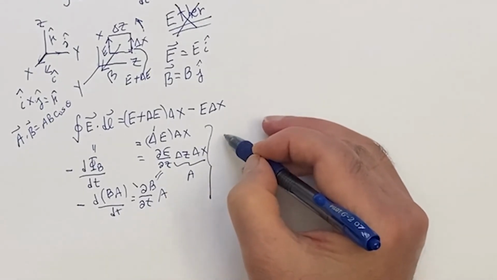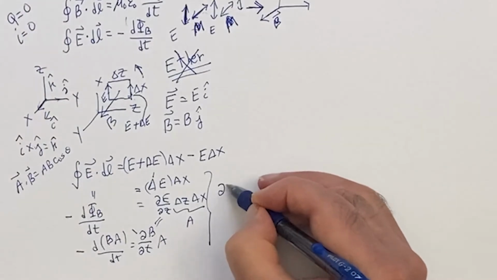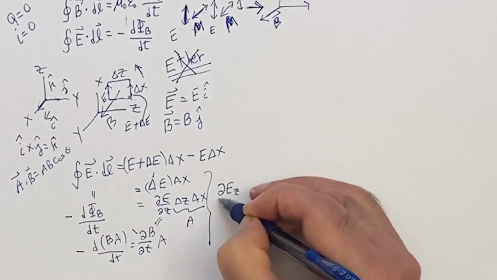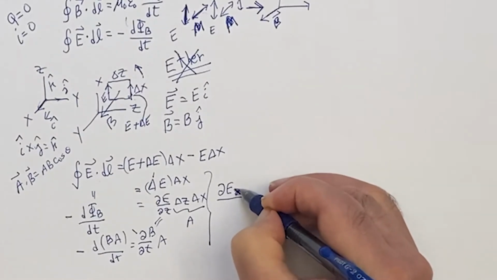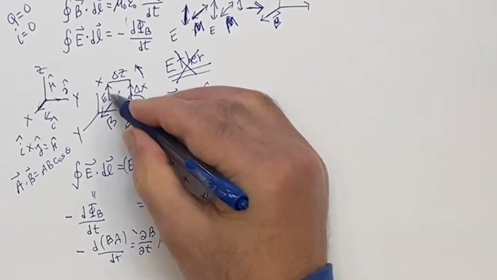So that means here I have the partial of E. I'm going to emphasize that this E is in the x direction.